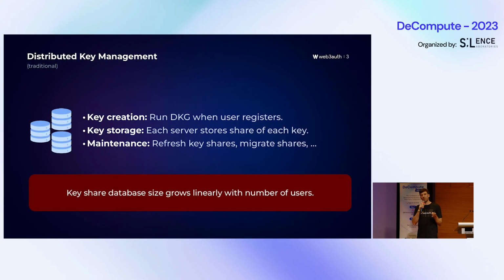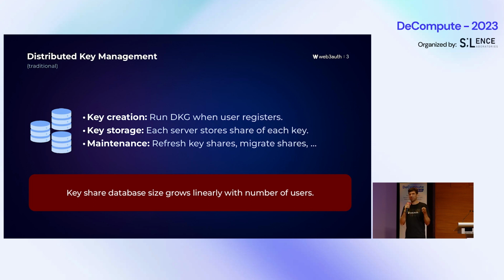So what is the general motivation behind this? We are doing distributed key management, and we have to manage a lot of keys. When a new user registers with our system, we usually run a DKG protocol and generate some key shares for the user. Then we have to store all the user keys.